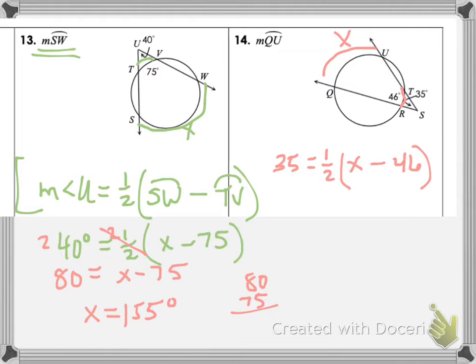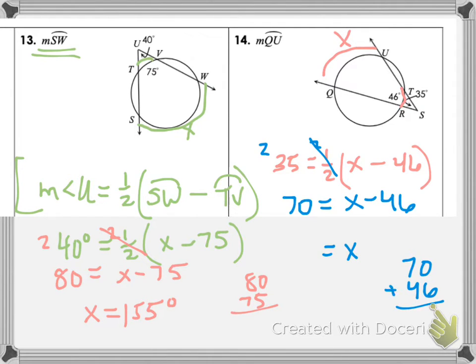To tackle this fraction, to get rid of the 1/2, multiply both sides of the equation by 2, because 2 times 1/2 is 1, and that cancels. 35 times 2 is 70. So the measure of that arc will just be whatever 70 plus 46 is. 116 degrees.